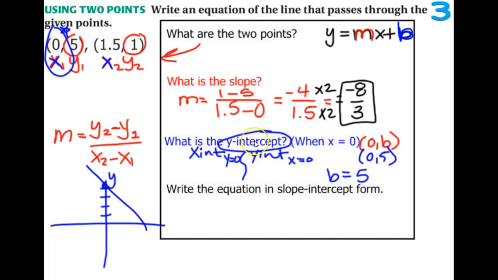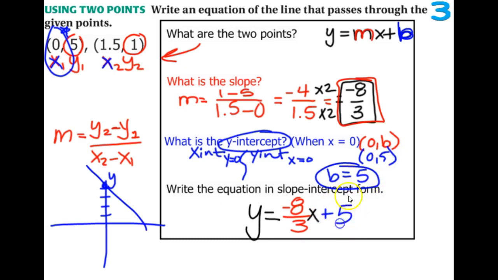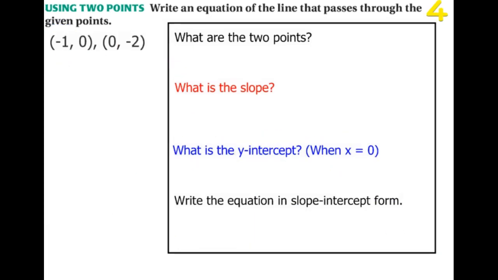So when x is 0, the other number tells us our y-intercept, 5. So our equation would be y equals m, which is our slope, which we found right here, negative 8 over 3, x, and then plus b, and b is 5. There's our first equation.